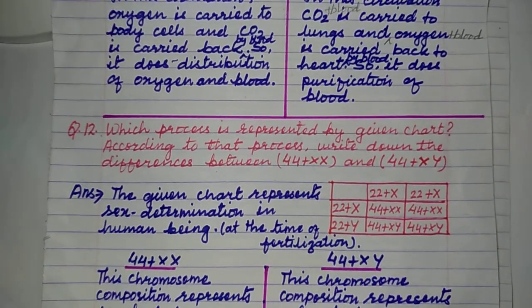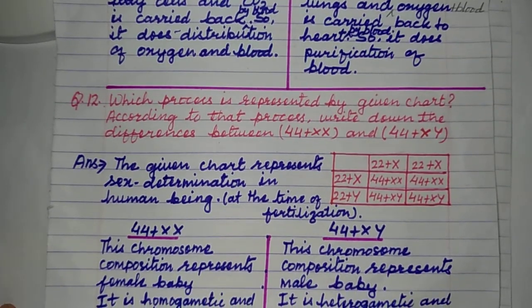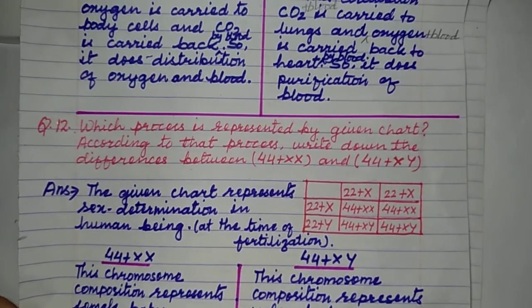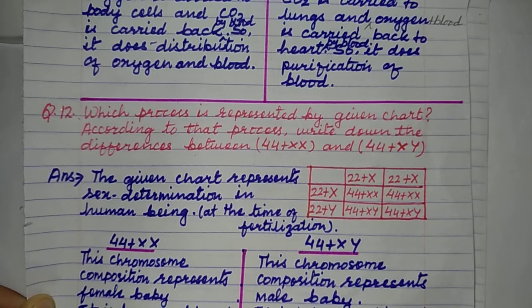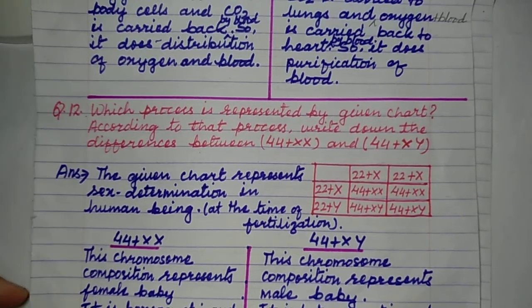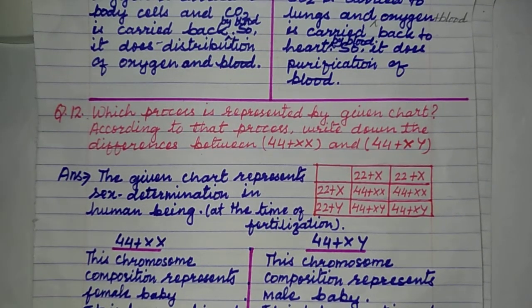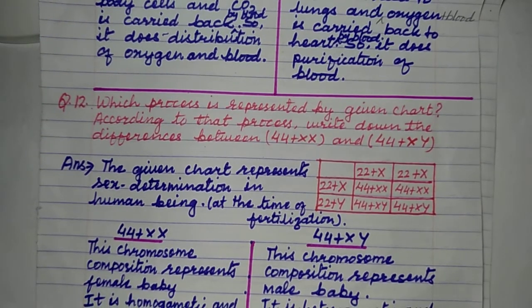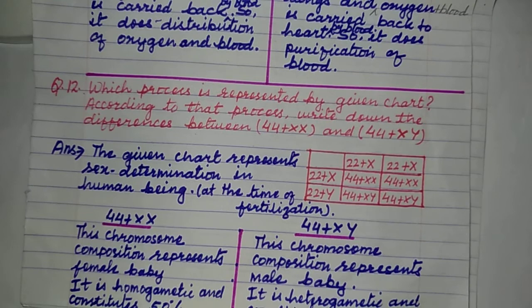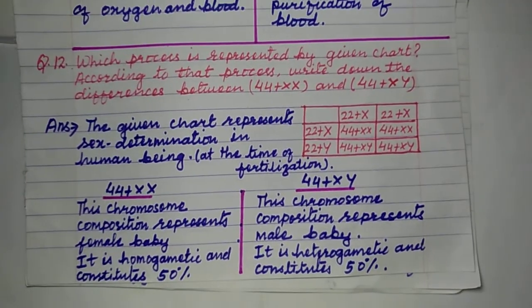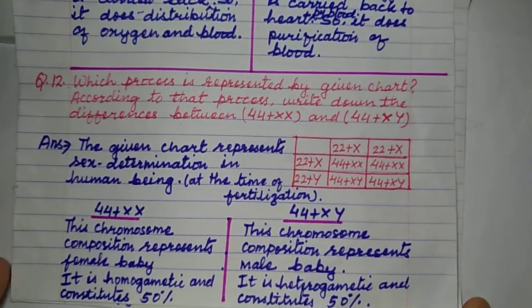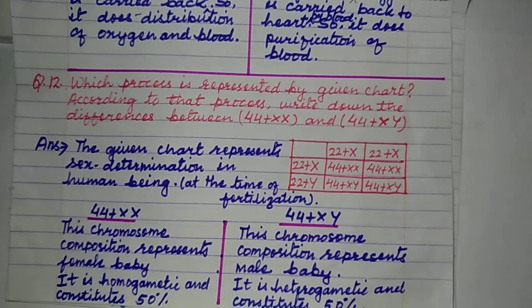So next question is, which process is represented by given chart? According to that process, write down the differences between 44 plus XX and 44 plus XY. So the chart shown here represents sex determination in human being at the time of fertilization.